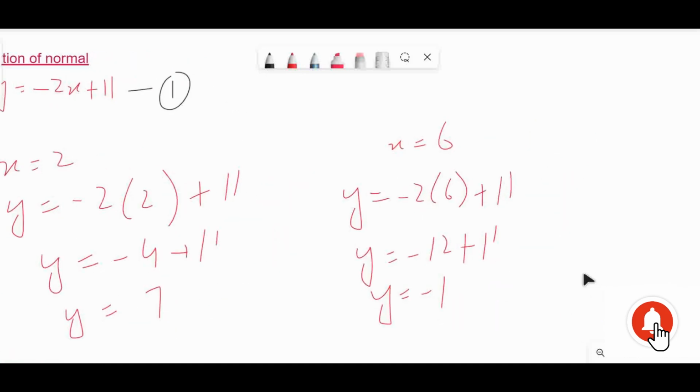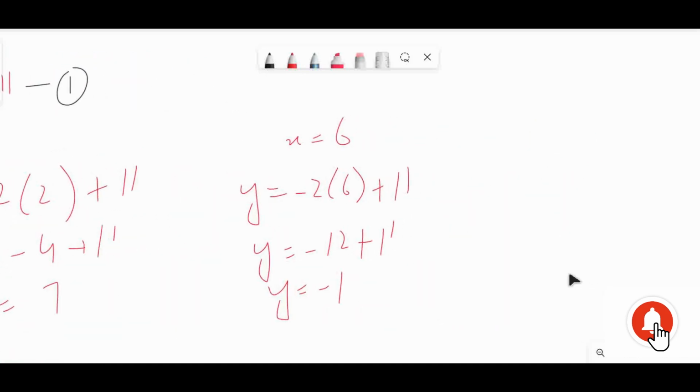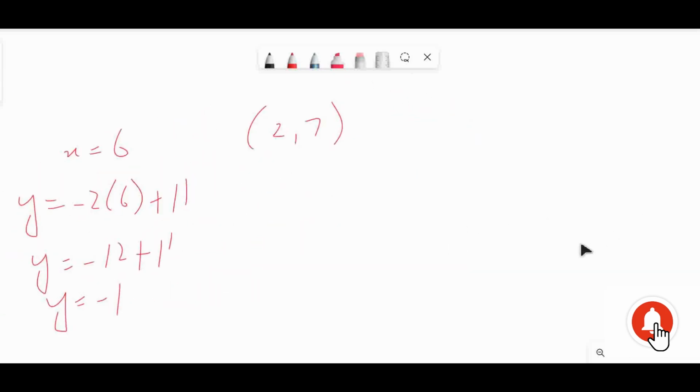Let's see it over here, the first point is 2 and 7, and the second one is 6 and minus 1.